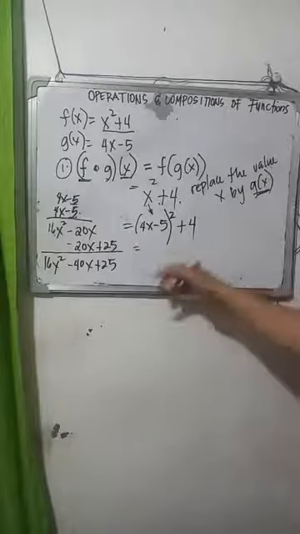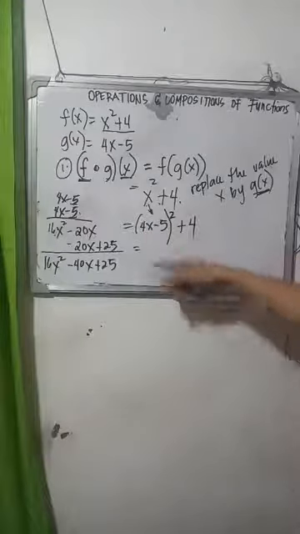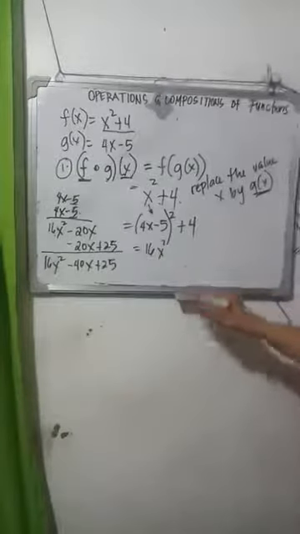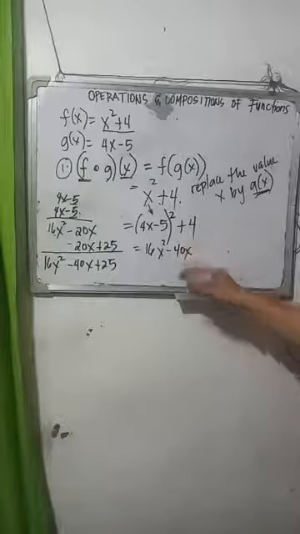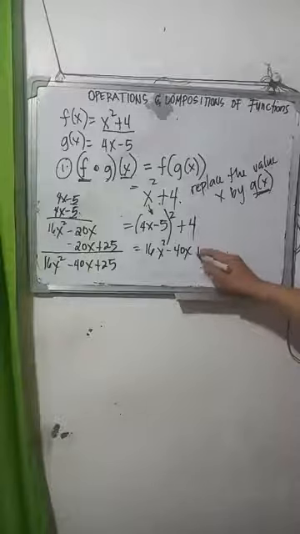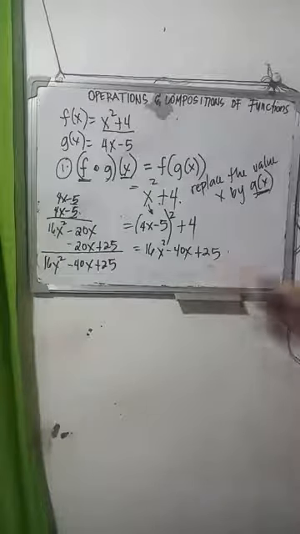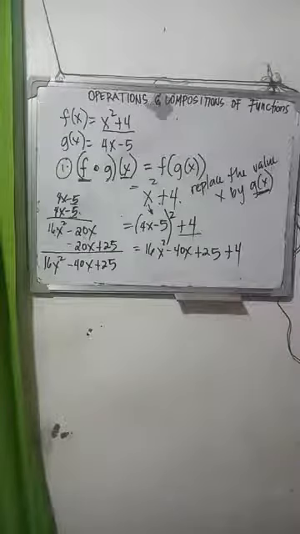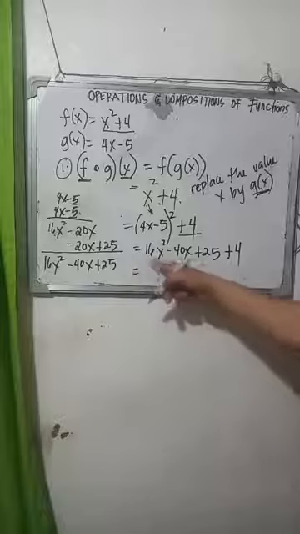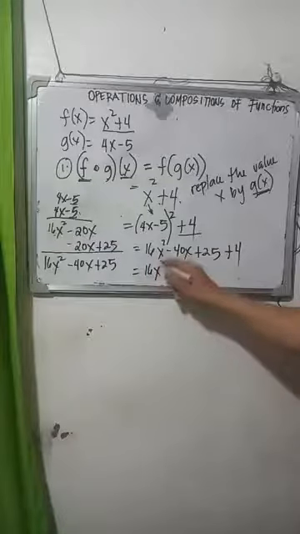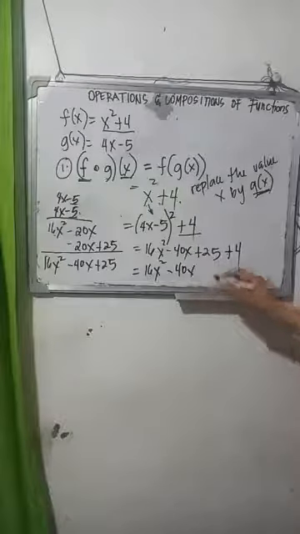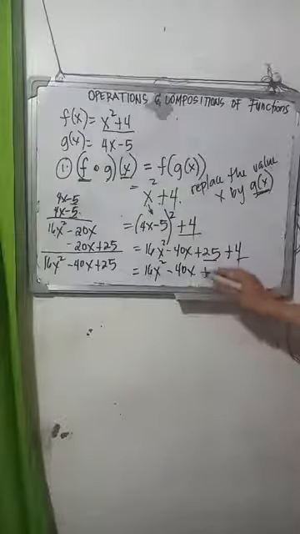So the value of (4x minus 5) raised to 2 is equivalent to 16x squared minus 40x plus 25, plus 4. Then combine like terms: 16x squared minus 40x, and 25 plus 4 is positive 29.